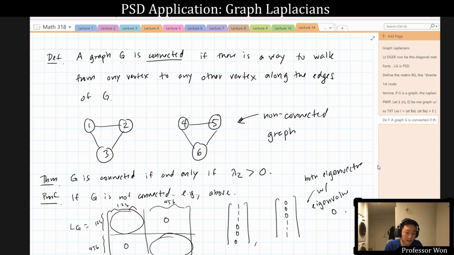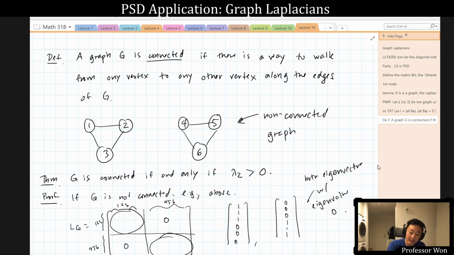In other words, if you look at more of the eigenvalues, they can tell you how many connected components there are. But definitely, if it's disconnected, the second eigenvalue will be 0. So that's one direction.